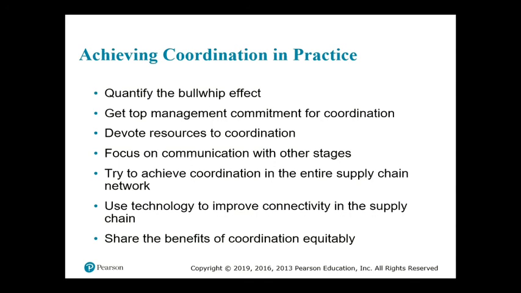So when a company invests in significant technologies such as the ERP system, it's important to understand that these systems can facilitate collaborative forecasting and planning across the supply chain.